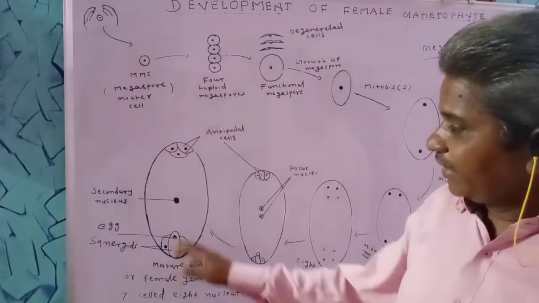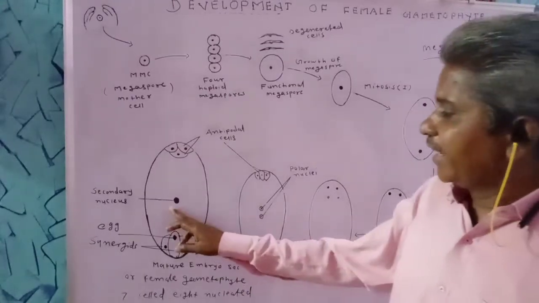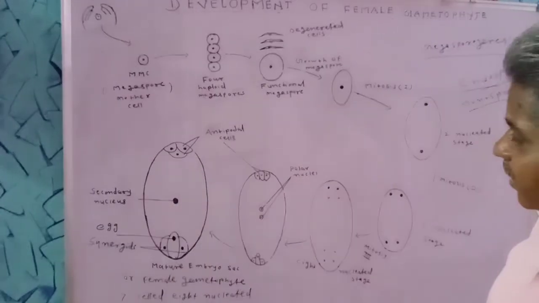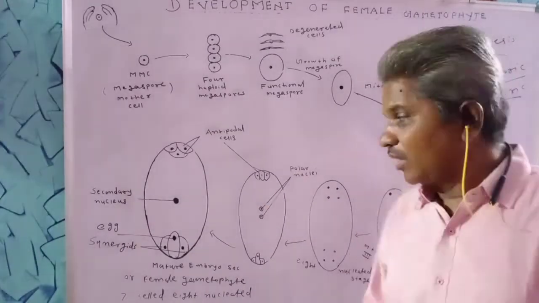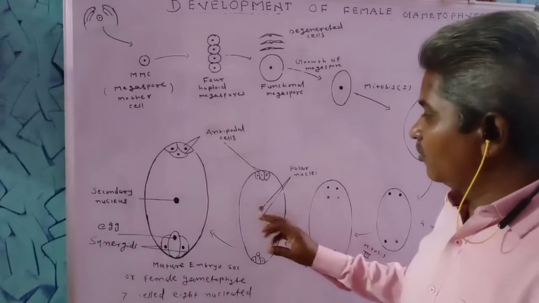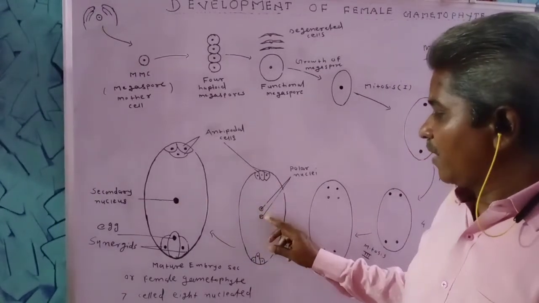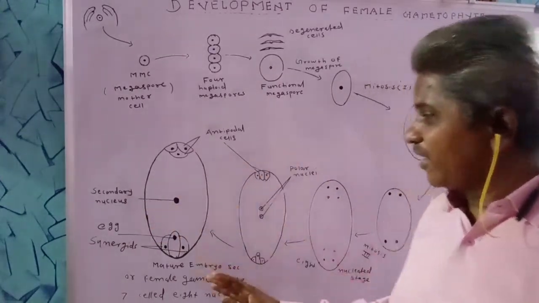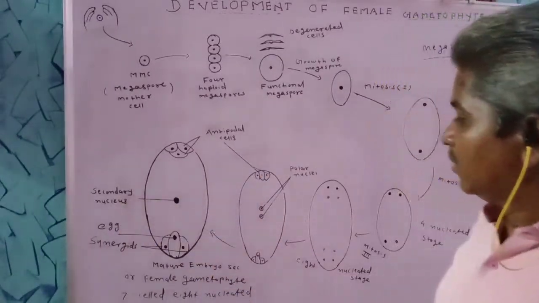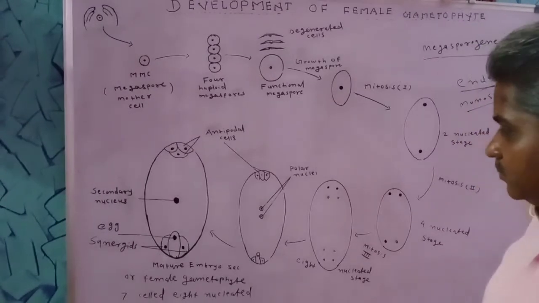This secondary nucleus is also called the definitive nucleus. It lies at the center and is a diploid nucleus resulting from the fusion of two haploid polars.